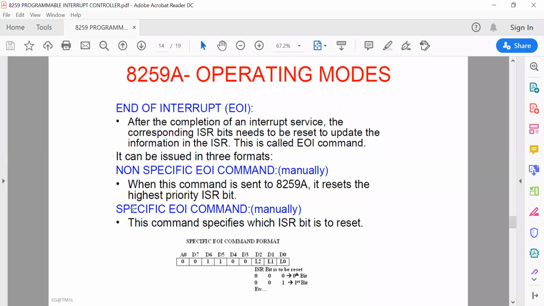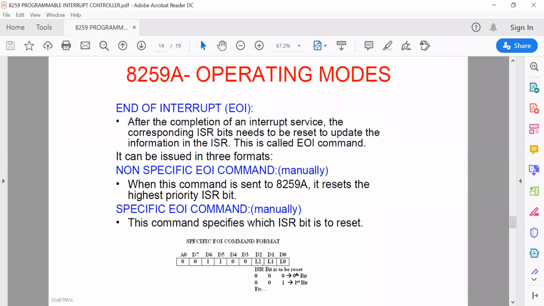And in the specific EOI command, what happens? So here is the format for the specific EOI command. These 3 bits D0, D1, D2, which are called L0, L1, L2, can be given according to your requirement. If 000 is given here, then bit 0 of the ISR will be reset.